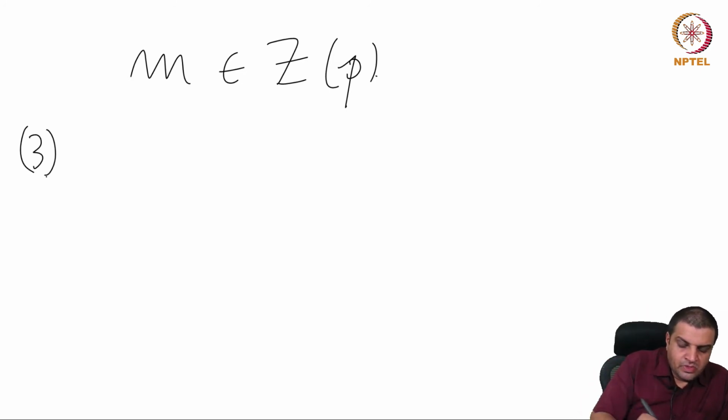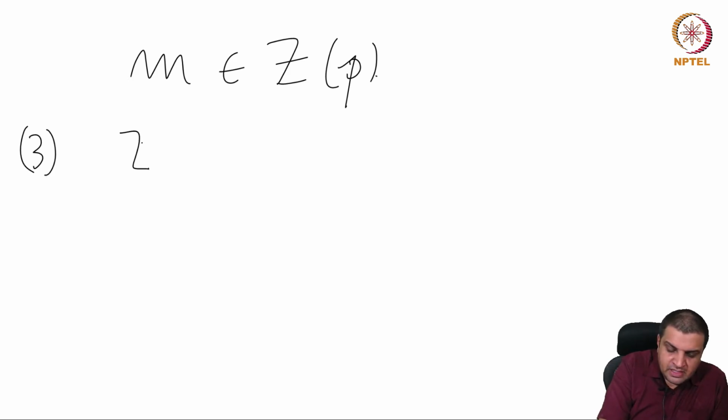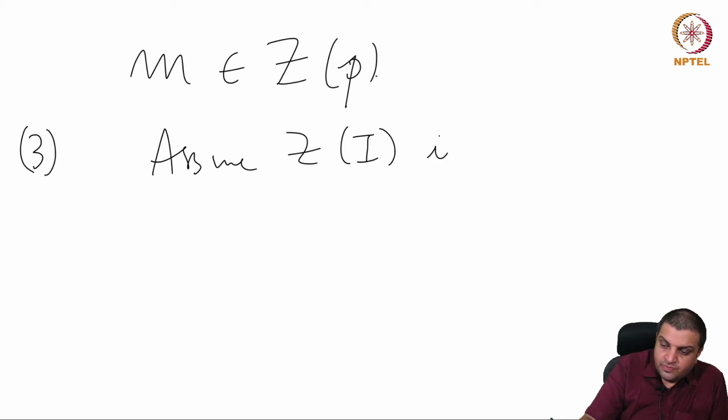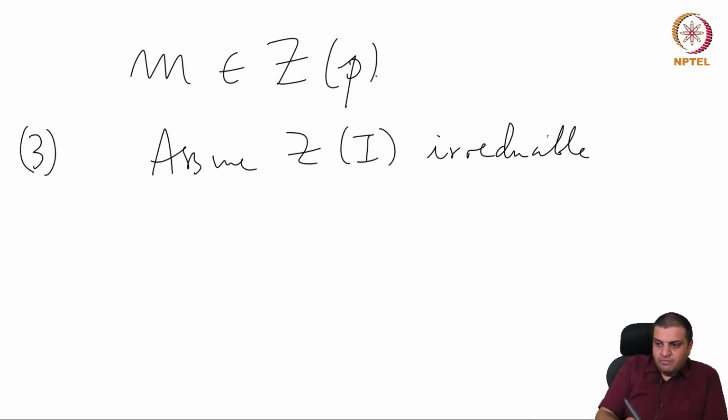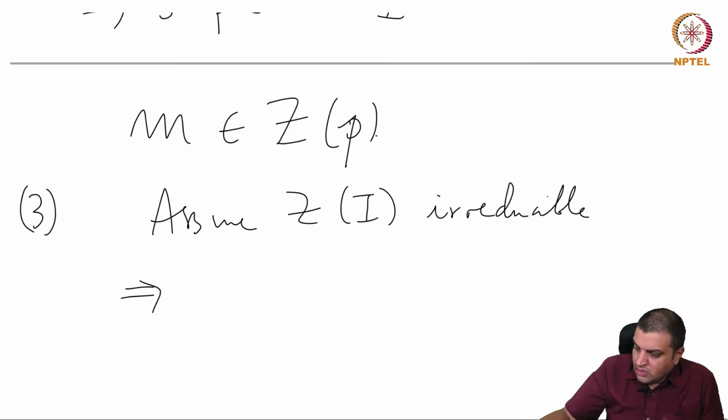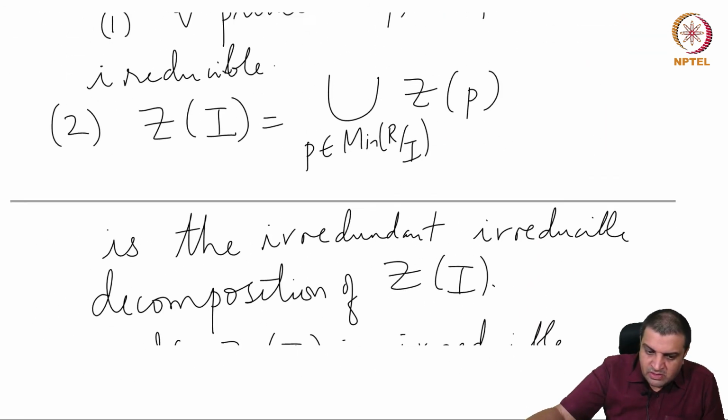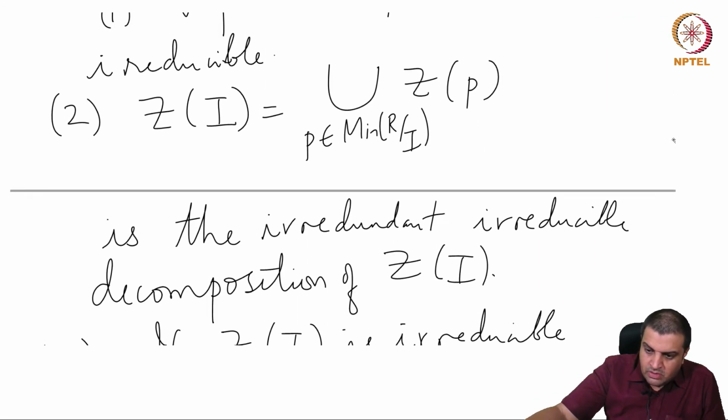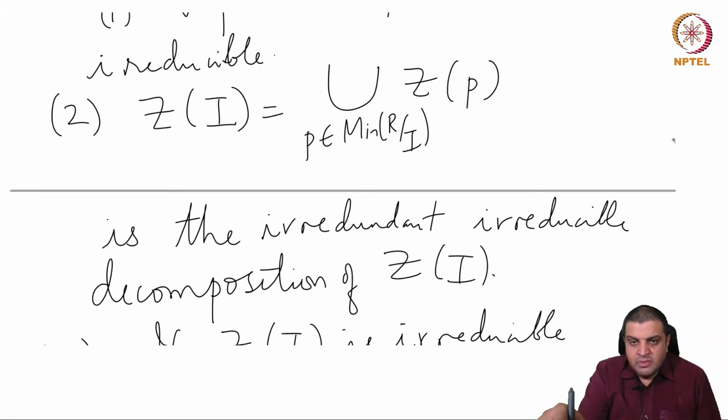And 3: we want to prove that if Z of I is irreducible, so assume Z of I is irreducible, which, as we proved in 2, is an irredundant union, we need every prime in min R mod I, and we don't need anything further. So Z of I irreducible means that there will be exactly one element in this union.